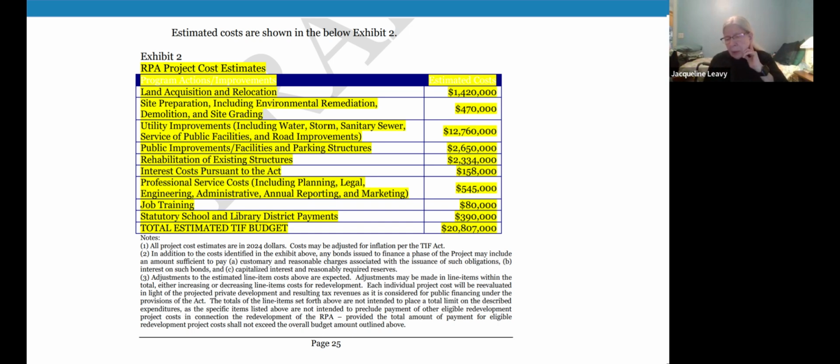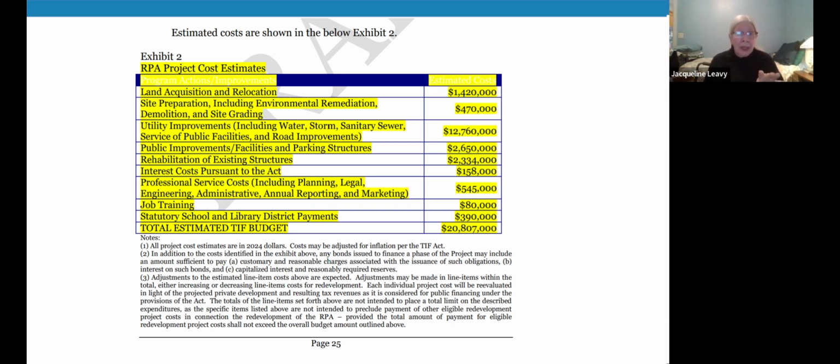But the only real specifics in that 69-page document are on page 25. They talk about redevelopment plan area project cost estimates. This is basically a back of a Dunkin' Donuts envelope, napkin, back-of-the-envelope proposed budget for that TIF district. They are talking about using money for land acquisition, site prep, demolition, utility improvements, public improvements, rehab of existing structures, interest costs, and professional service costs.